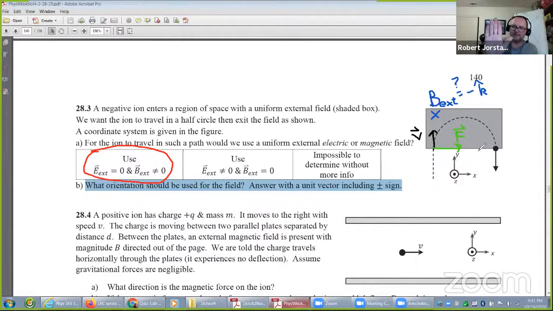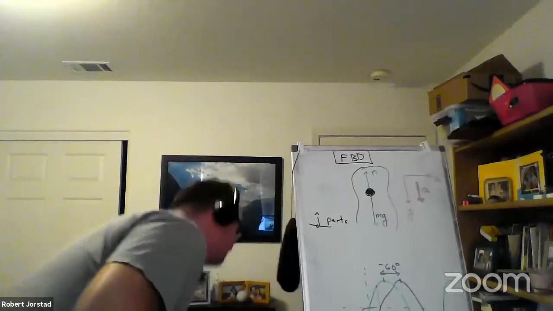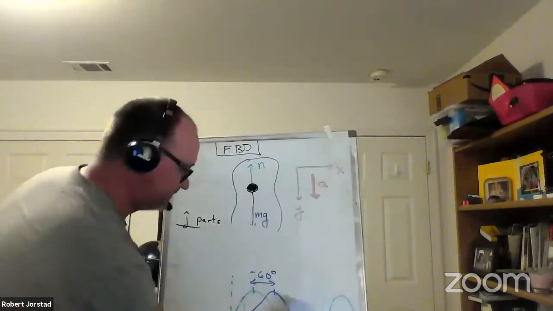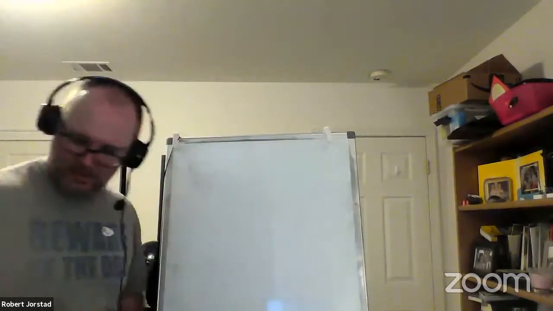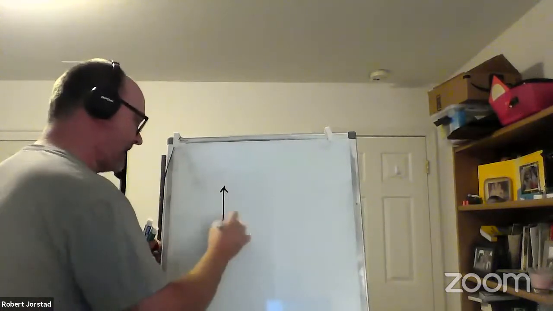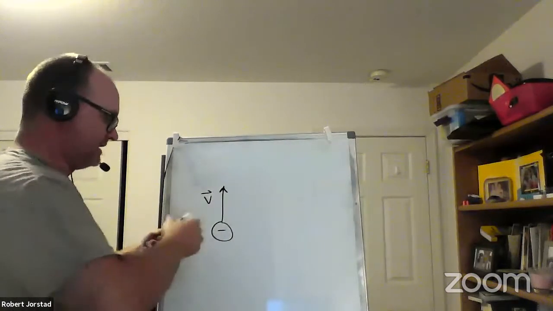Again, line up your fingers with V, curl the fingers to B, and if I could show you on the screen here on the whiteboard. So we had this situation. There's my marker. The velocity's this way. I had a negative charge, and that was the trick here. I was trying to see if you remember that, and you did.